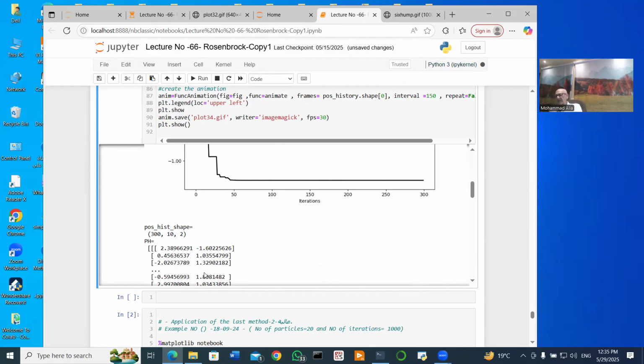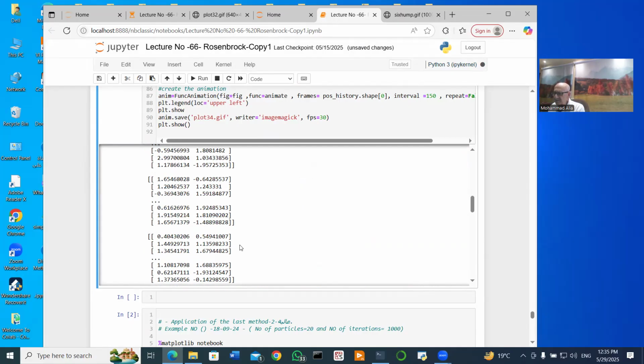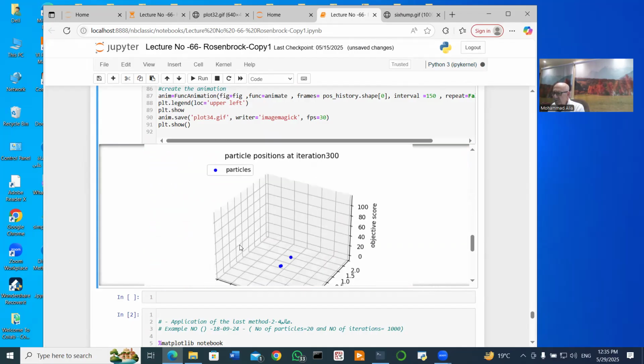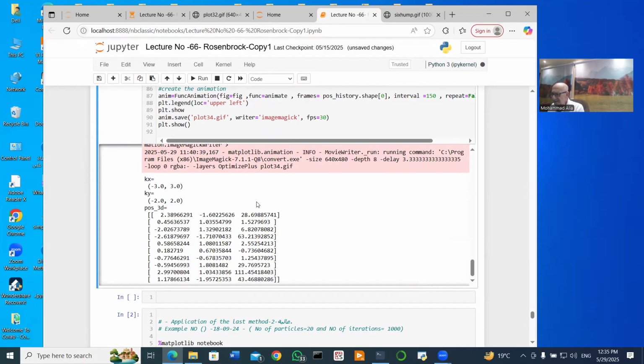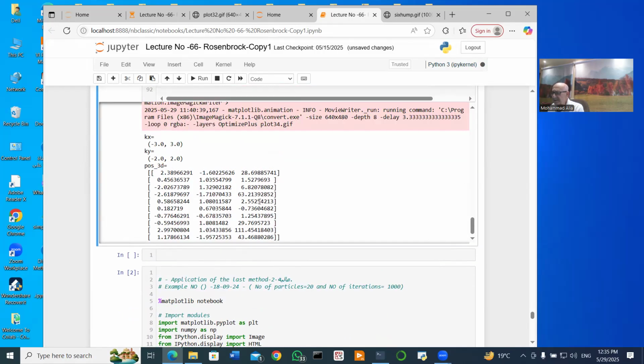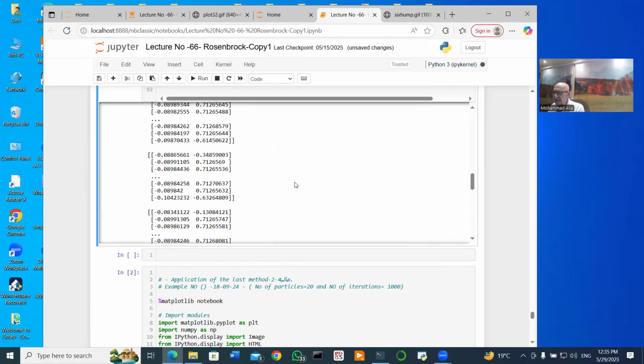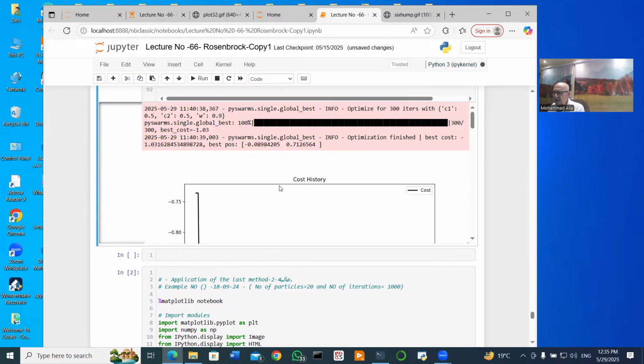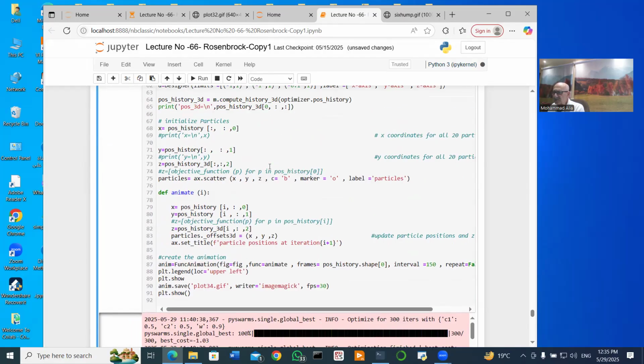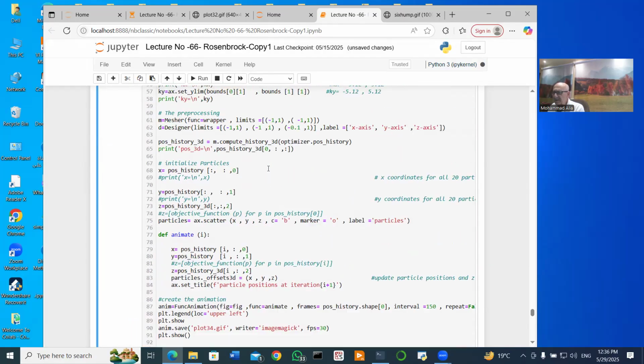So the position array, which is derived from the optimizer, is the same, but the newly created array has an additional column which represents the Z column. This is done again by Pyswarms and not by us. Just we applied it, and as a result of that, now we can carry on our animation.